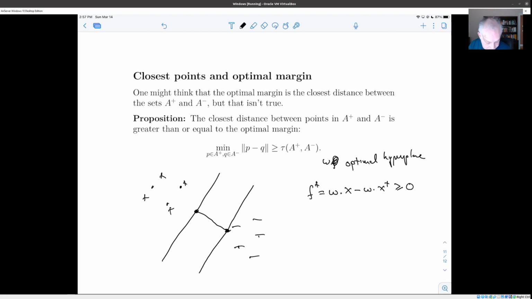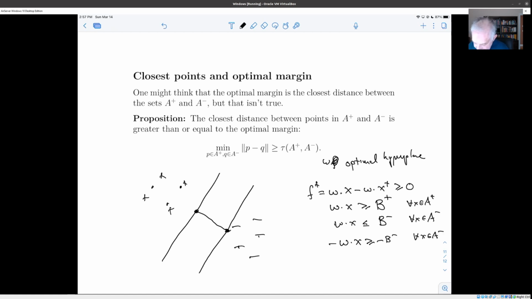That's the supporting hyperplane. In other words, W dot X is bigger than or equal to B plus for all X in the positive points. And W dot X is less than or equal to B minus for all X in the minus points. So let's take the negative of this. Negative W dot X is bigger than or equal to negative B minus for all X in the negative points.